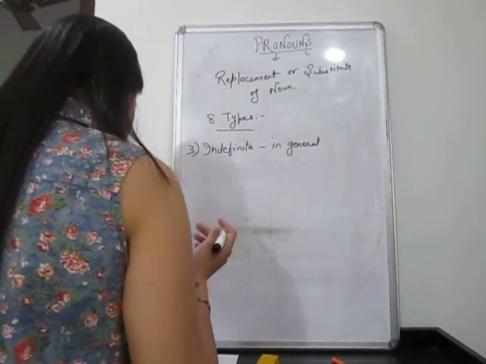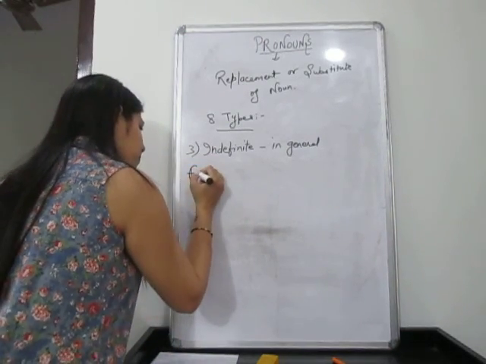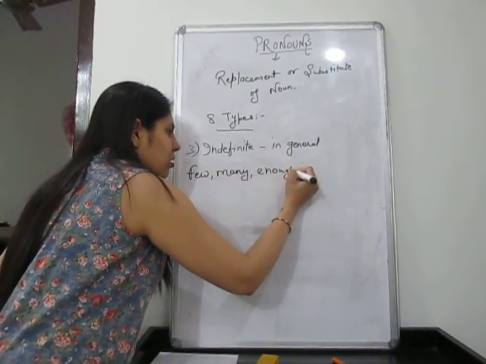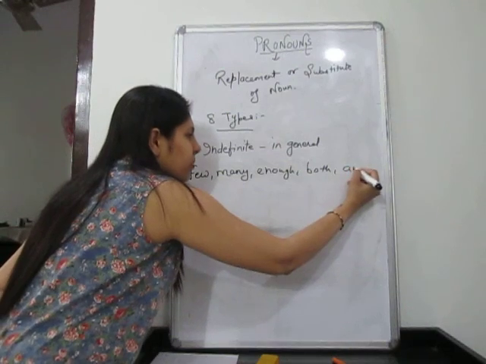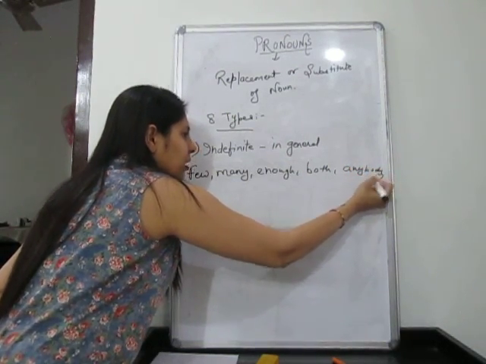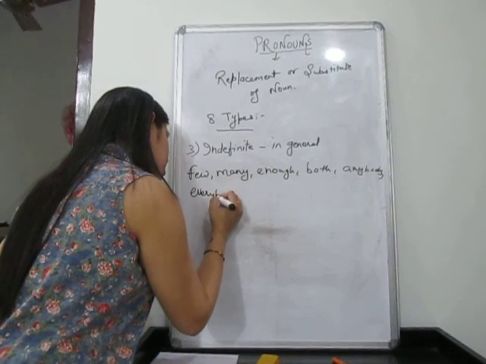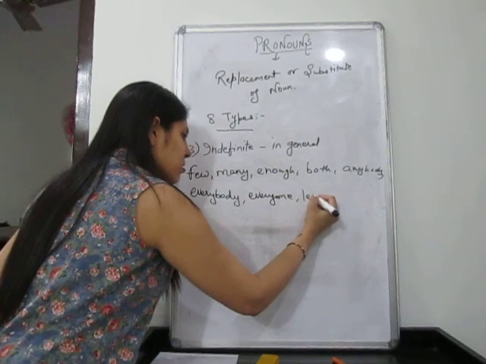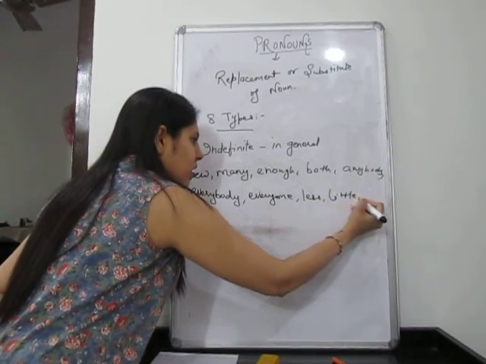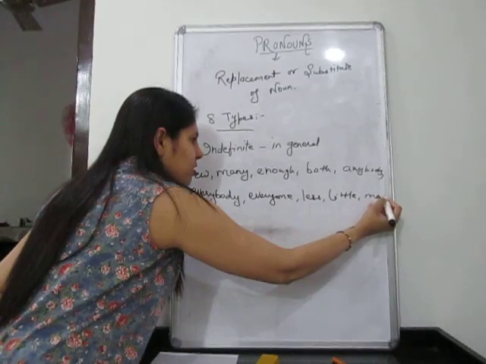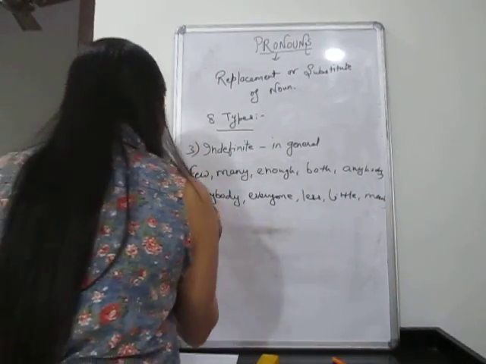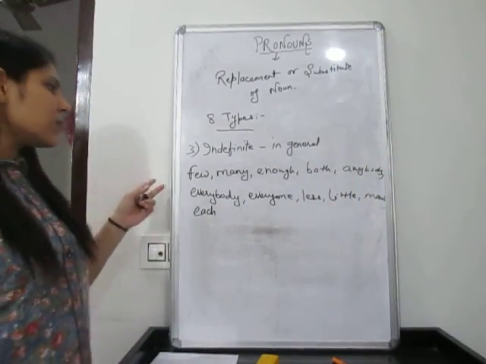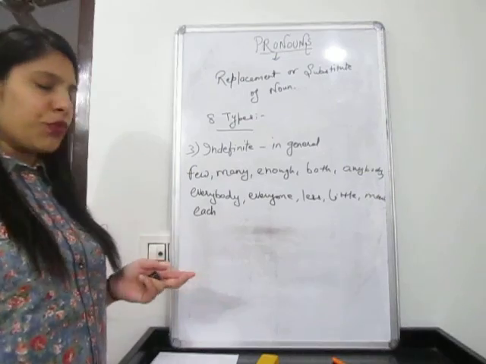In that situation we use indefinite, such as few, many, enough, both, anybody, everybody, everyone, less, little, many we have done, much, right? And each, and so on. In my video I have given the list of singular and plural, both the indefinite pronouns, right?